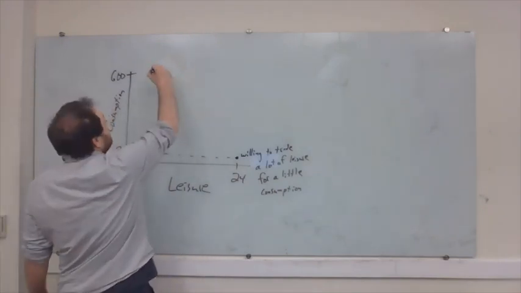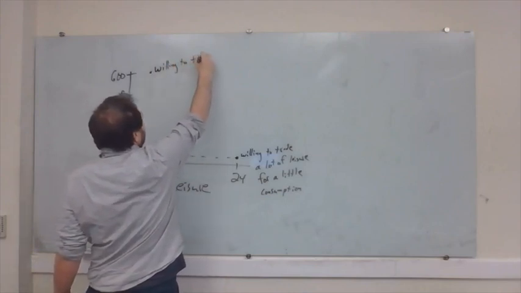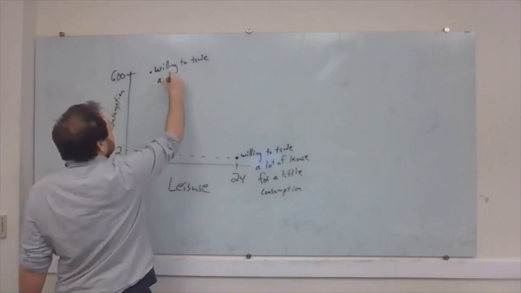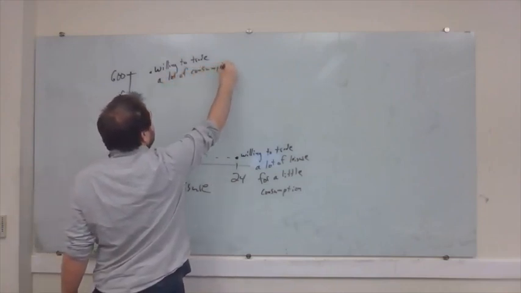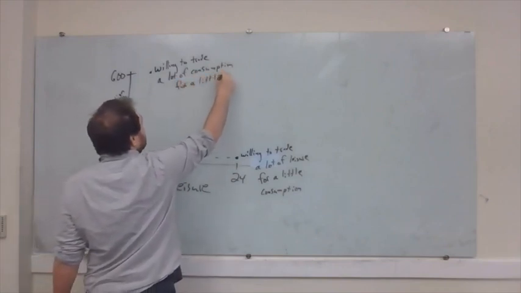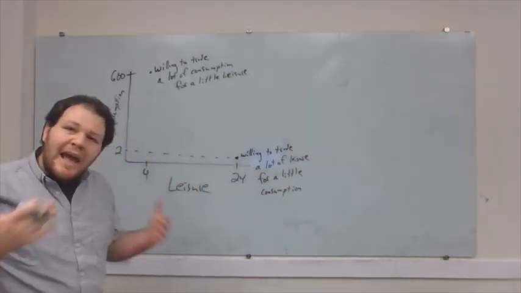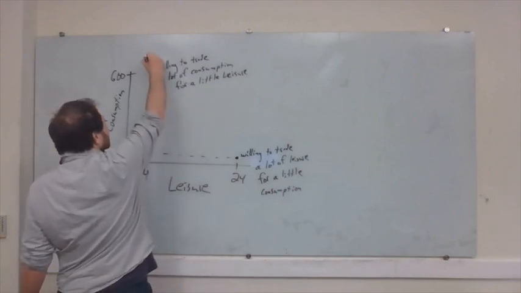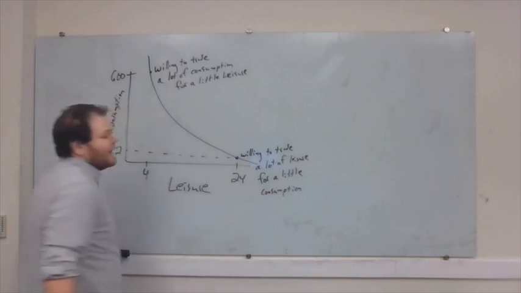So over here, you're going to be willing to trade a lot of consumption for a little leisure. And as a result of this, we expect your preferences, if we draw the indifference curve, we expect it to be very steep here, very flat there.